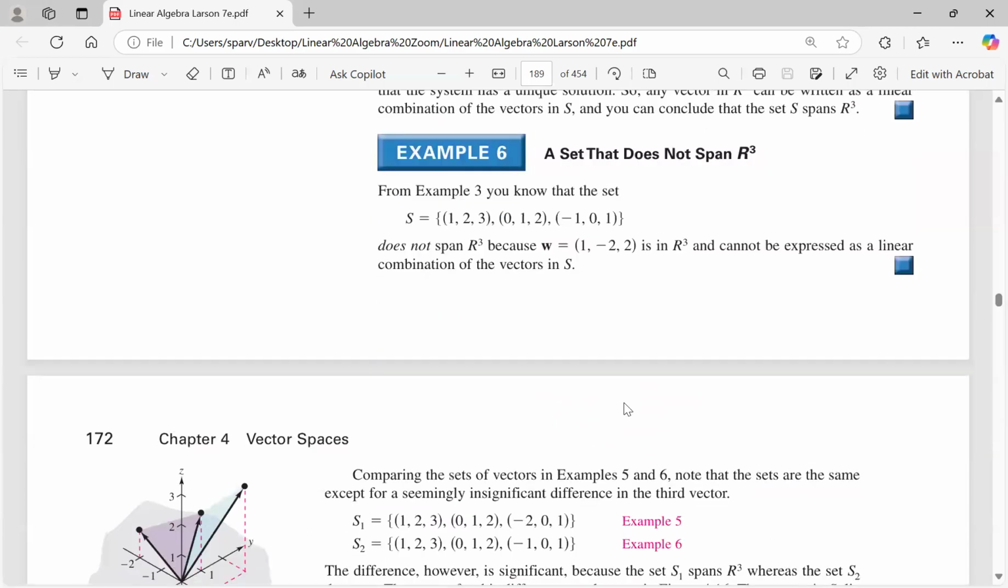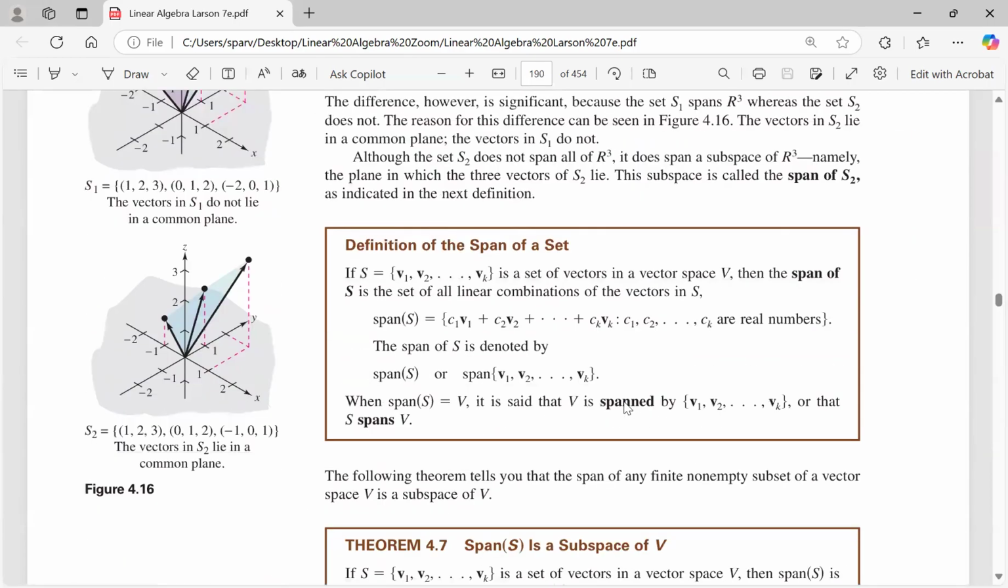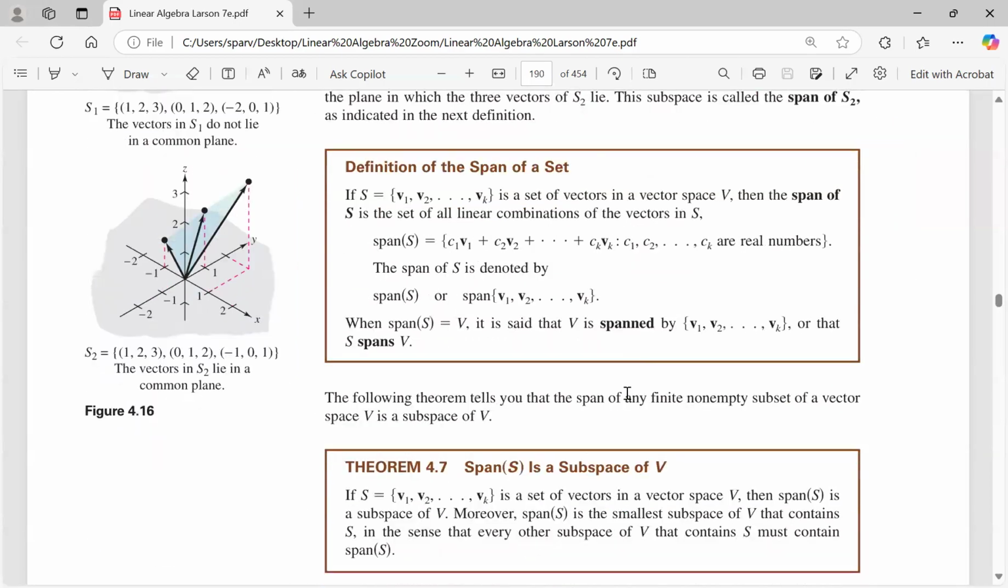All right, and then the definition of a spanning set. Again, we went through this already. A spanning set is simply a set of vectors that spans the vector space. That means you can write every vector in V using a linear combination of the vectors in the spanning set.